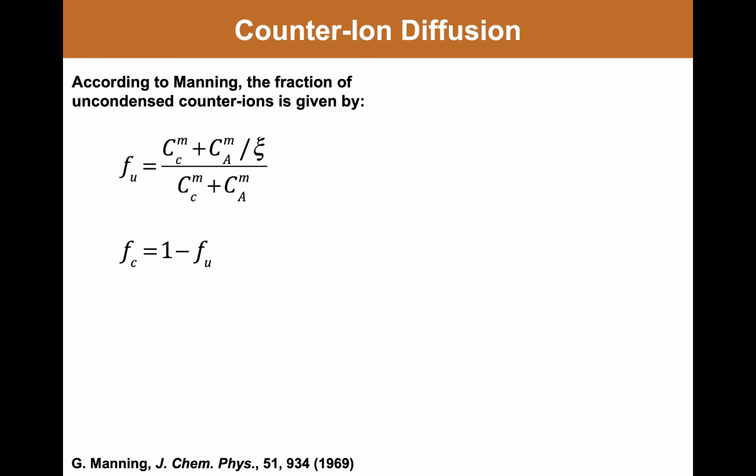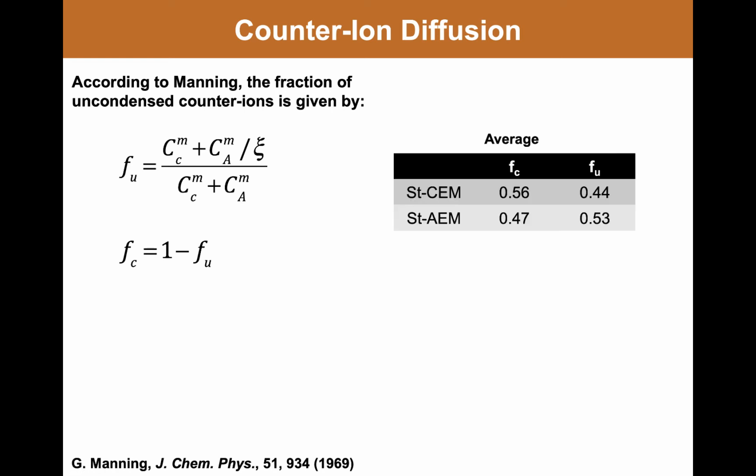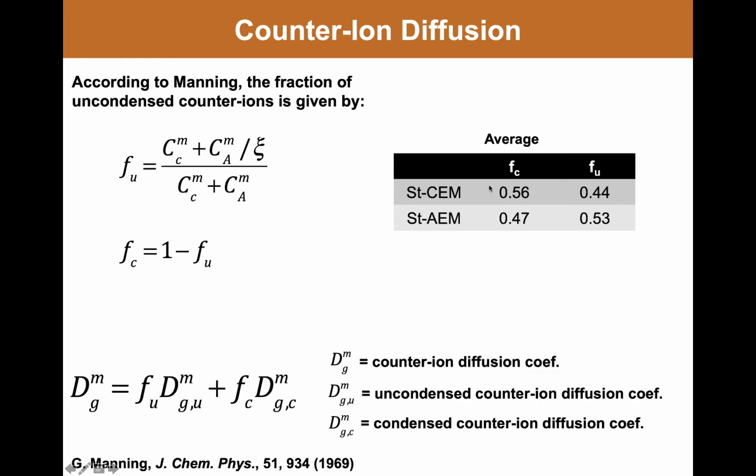The condensed and uncondensed counterions may have different diffusion coefficients. I just show here that those fractions of condensed and uncondensed counterions, which we can calculate because we know all these variables, are about 50-50. So about half the ions are condensed and about half of them are uncondensed in the membranes that I've shown you.